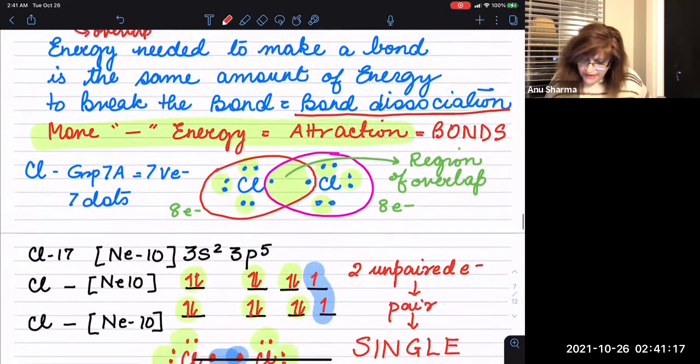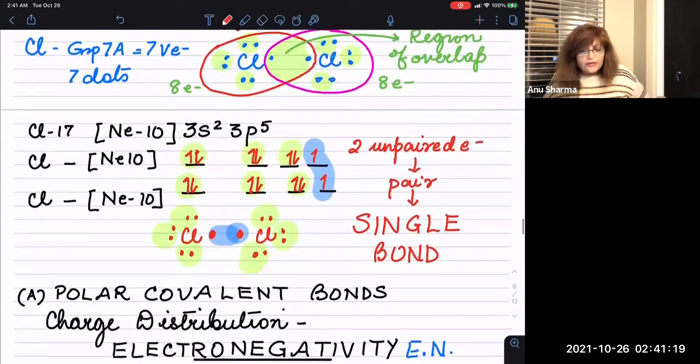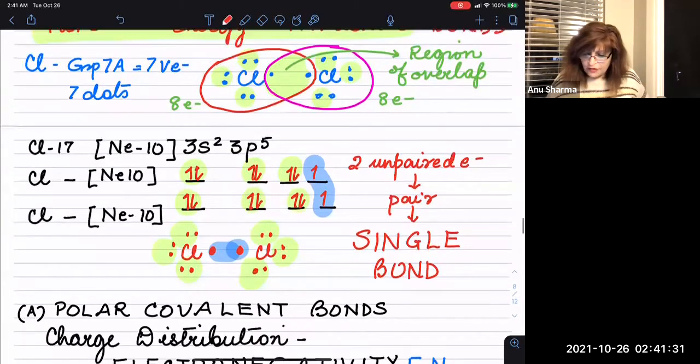Remember, look at chlorine. Chlorine has 17 electrons, and each chlorine has one unpaired electron. What is happening with that one unpaired electron? The unpaired electron from each chlorine, when they come together, overlap in one particular region in space. So these two oval clouds, when they overlap, these two electrons are being shared.